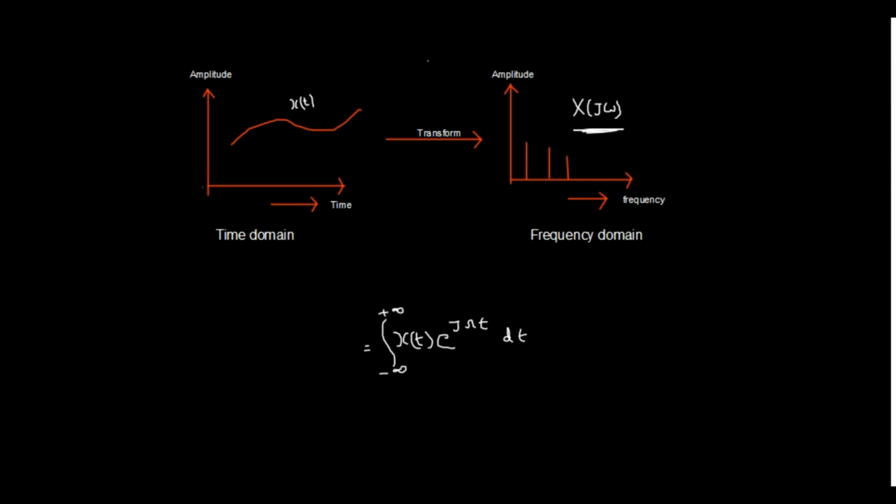Then we get the frequency domain signal X of j omega. So this is the basic definition of Fourier transform. We will do a simple problem using this basic definition.